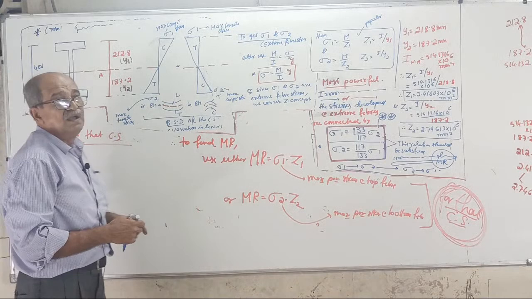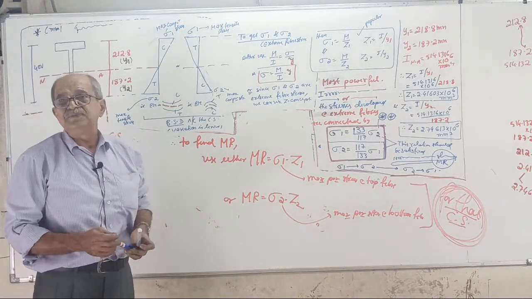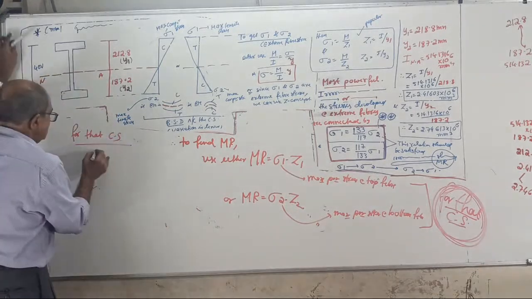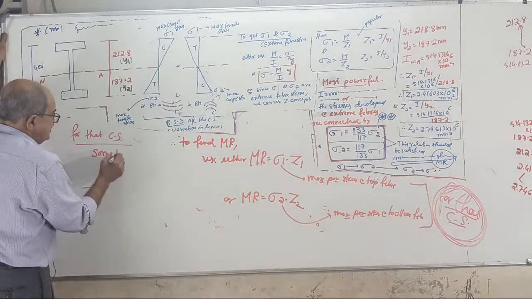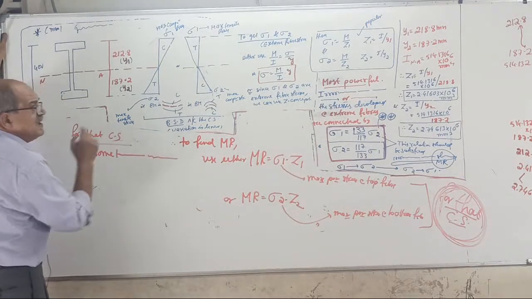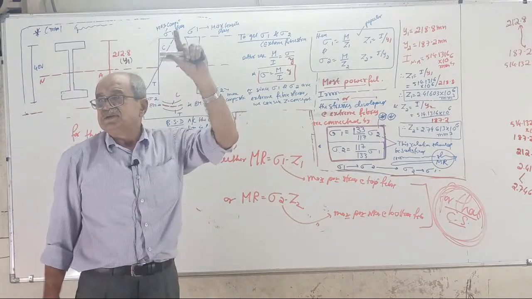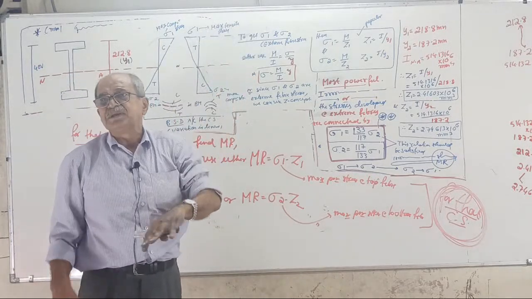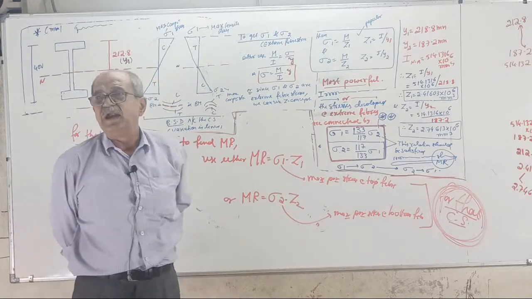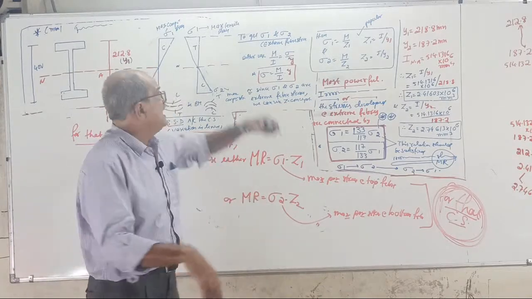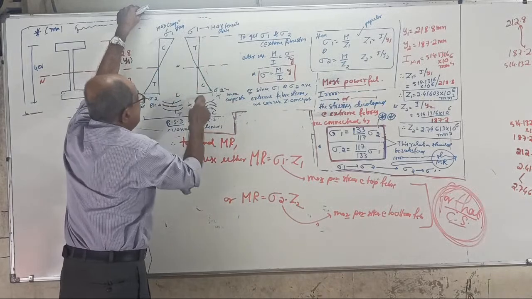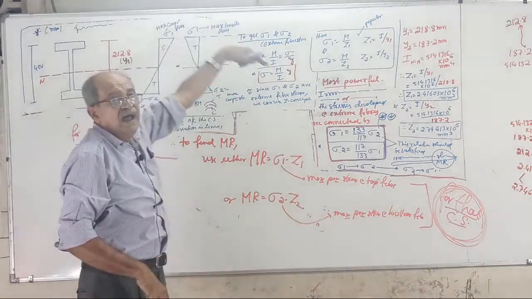Now I will tell you what for that cross section means. Sometimes, see, you should write down. Sometimes or many times it is possible that the strength in tension and compression are not same. They are different. Even if it is same, the stresses developed may not be same. Why? Unsymmetry.